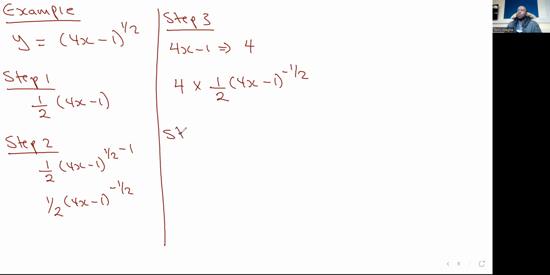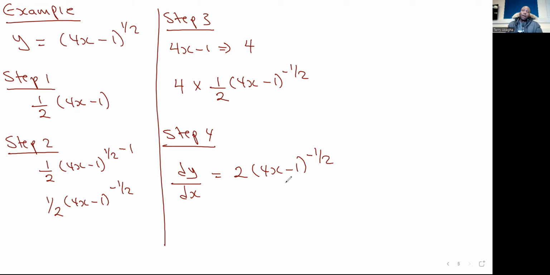Then step 4, when you multiply, 4 times half will give you 2. I forgot to write the dy over dx. It will now give you 4 times half, which is 2 (4x - 1), all raised to the power minus half. And that will be the answer for that, okay?